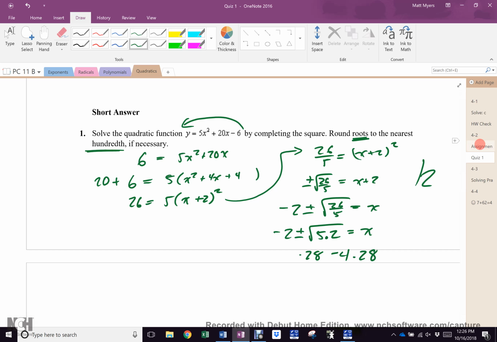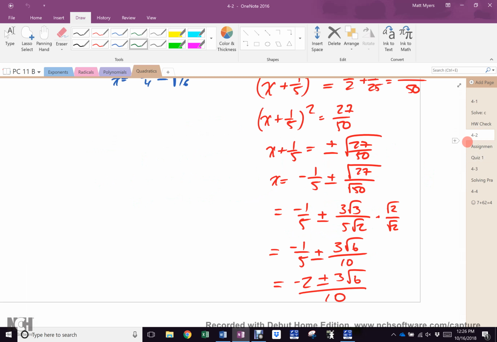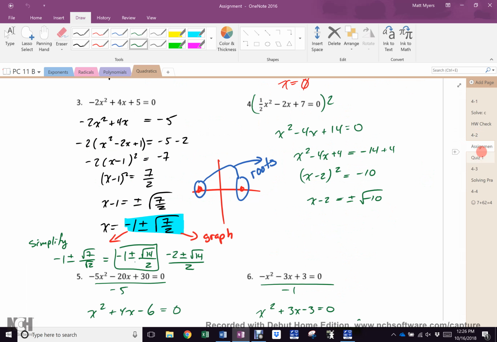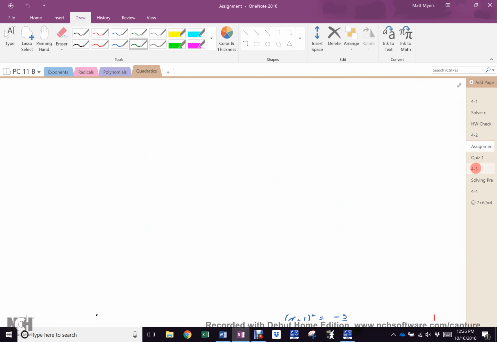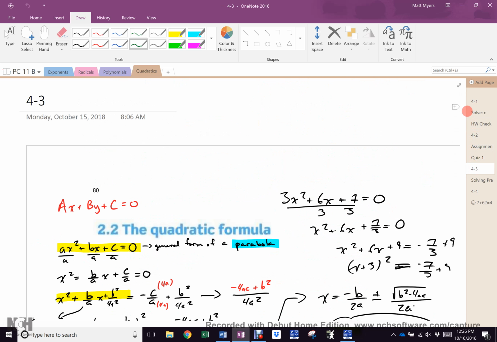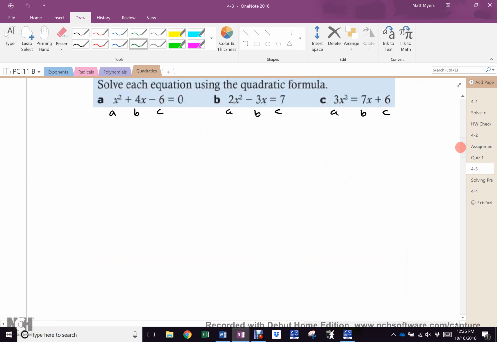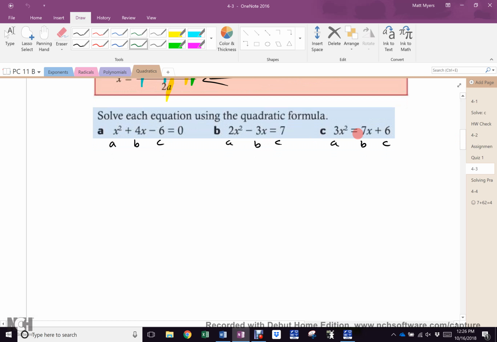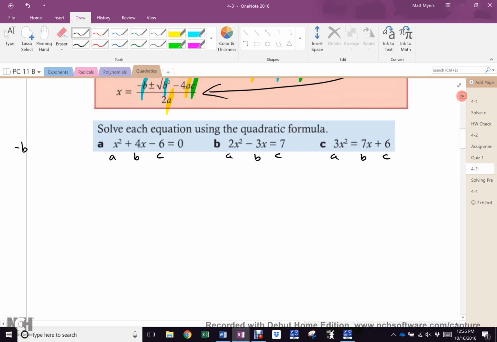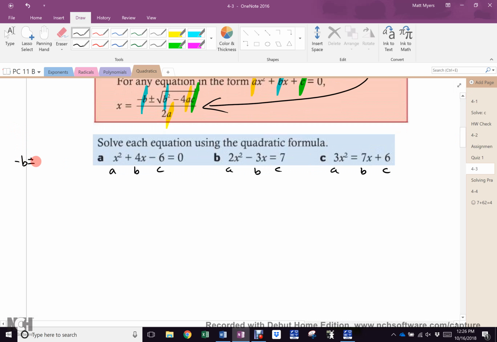All that has been recorded, and I left you right there. I left you with these 3, and I even labeled them for you. So, the quadratic formula is written on the page, negative b plus or minus the root of b squared minus 4ac over 2a.